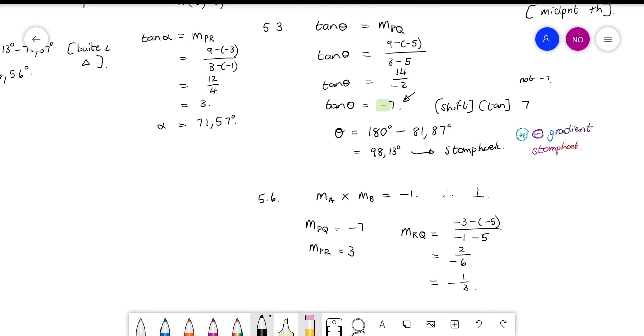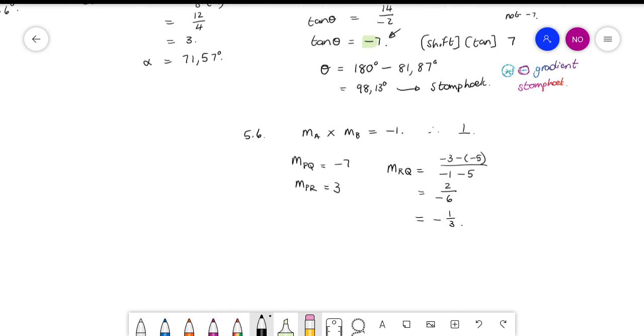So I get -1 over 3. Okay, so from there you have to see that the gradient of RQ times the gradient of PR will give you a product of -1, and therefore RQ is perpendicular to PR, and that means that the triangle PQR is a right angle triangle.